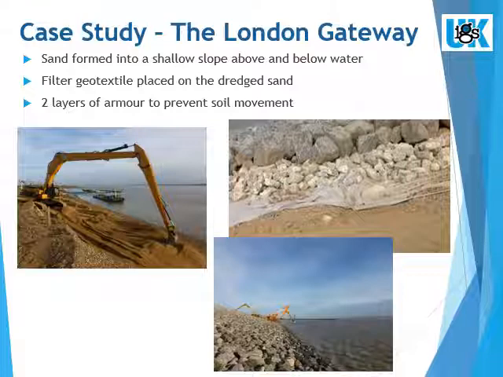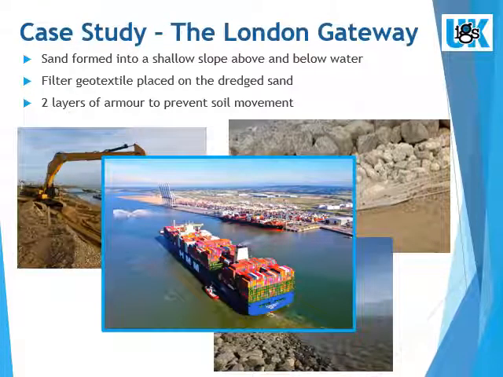You can see how the geotextile lays in close contact with the sand, preventing its movement but allowing free flow of water in and out of the embankment, especially when wave attack occurs. The embankment is now protected and the container port open. It recently celebrated with the world's largest container ship steaming into the port and docking successfully.